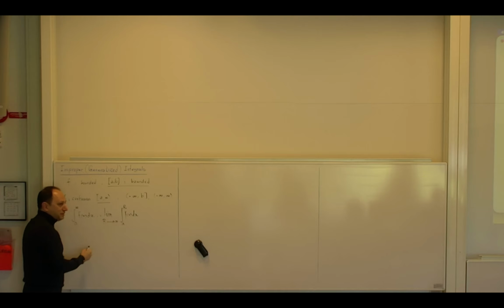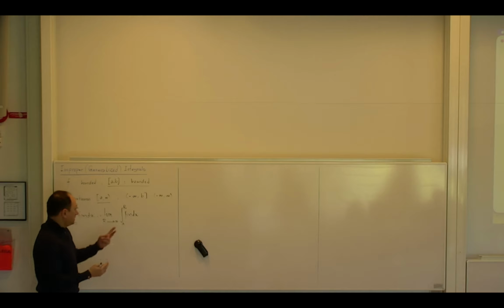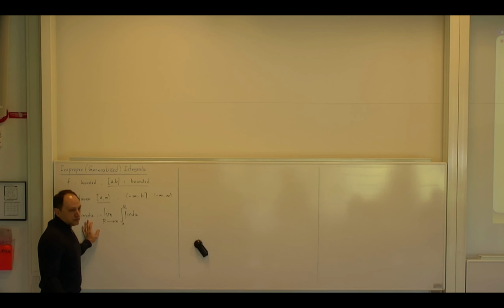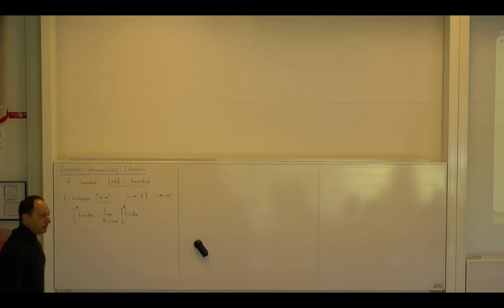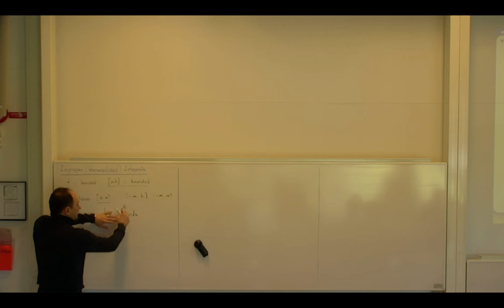When I say the limit does not exist, there are two options: either it is plus infinity or minus infinity, or it does not exist at all. If it does not exist at all, I simply say that the integral diverges. But if the limit is plus infinity, I can say it diverges to plus infinity, and if it is negative infinity, I can say that this integral diverges to negative infinity. So, is that clear? I do not have any problems in constructing these functions of r. For any r chosen within this interval, this is a number, really.